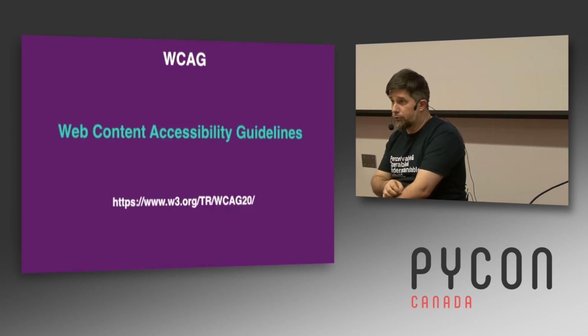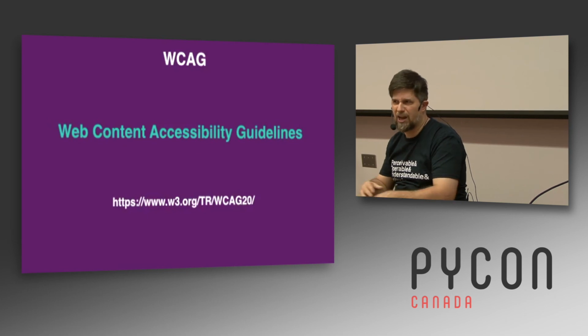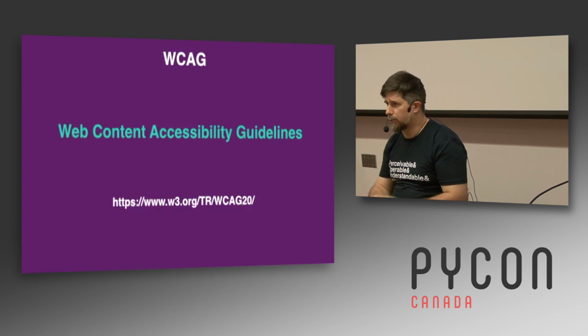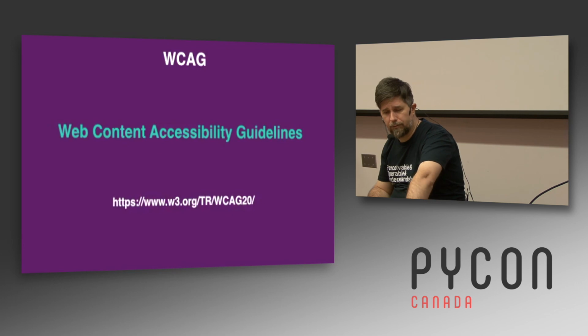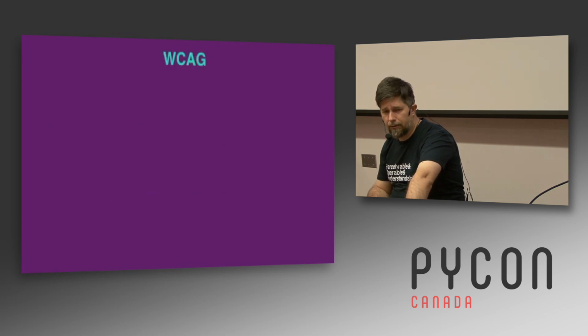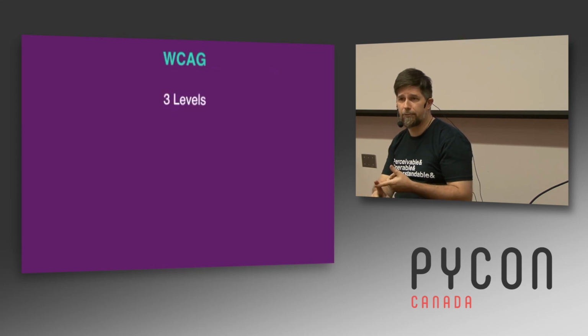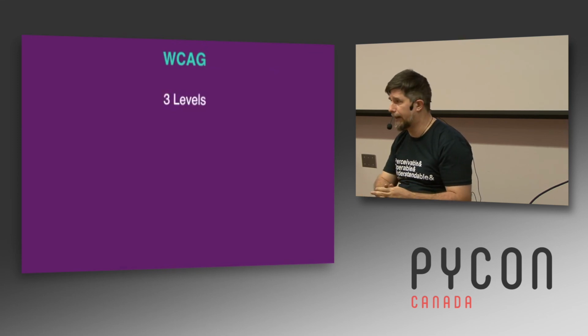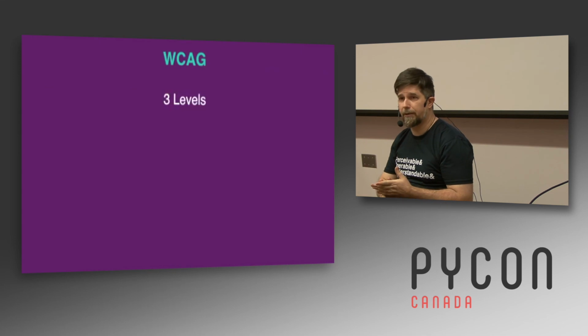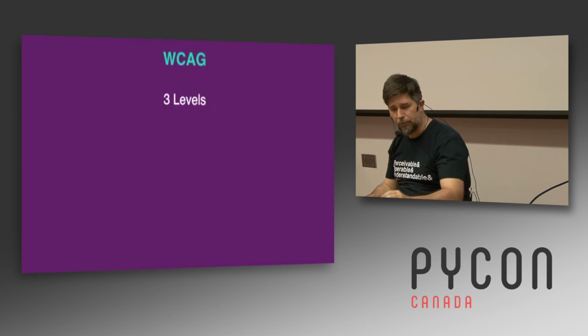It's in version 2.0 at the moment, and the W3C is finalizing the 2.1 release, which adds about 16 or 21 regulations. Now, WCAG has 3 levels. We're talking about level A, level AA, and level AAA. These levels determine the guidelines that you have to follow to reach a certain level of accessibility.